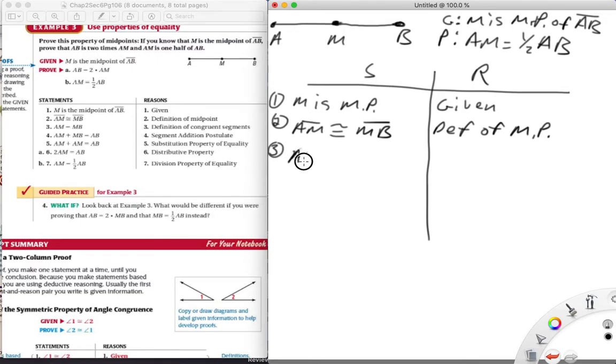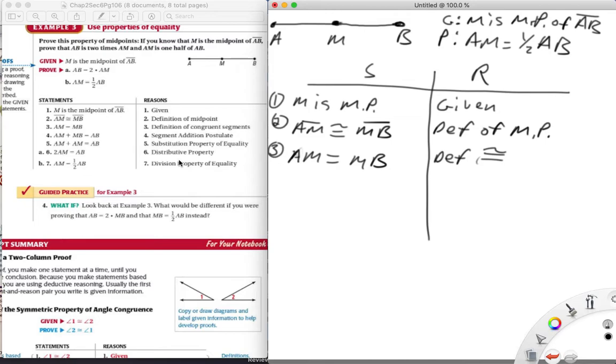Notice that the segment symbol goes away on the little line on top when you deal with equality, but we have the segment symbol when you have congruency. So AM is equal to MB, and this is definition of congruency. I actually just write def and then the congruent symbol. The book is more formal, definition of congruent segments, but you can write definition of congruency like that, which says that if something is congruent, then they're equal.